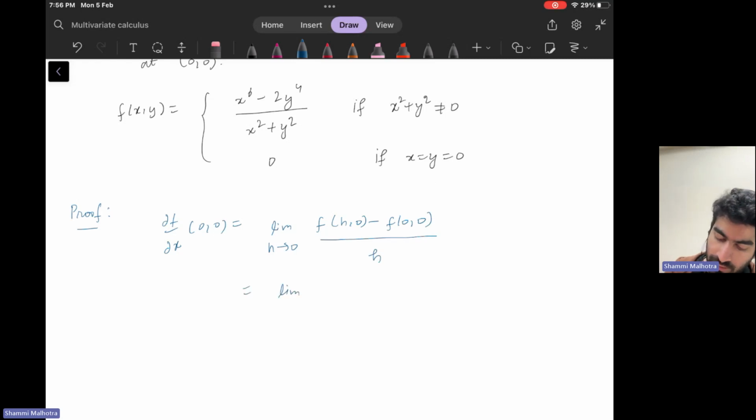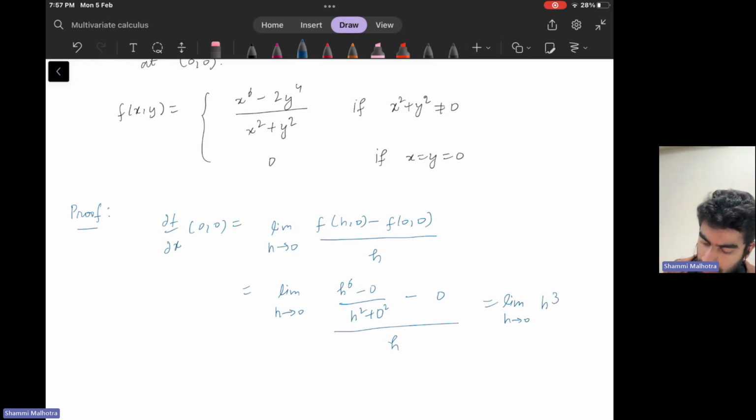This is limit h tending towards 0 of h raised to the power of 6 minus 0, over h square plus 0 square, minus 0, whole divided by h. So this is limit h tending towards 0 of h cube, and this is 0 only.